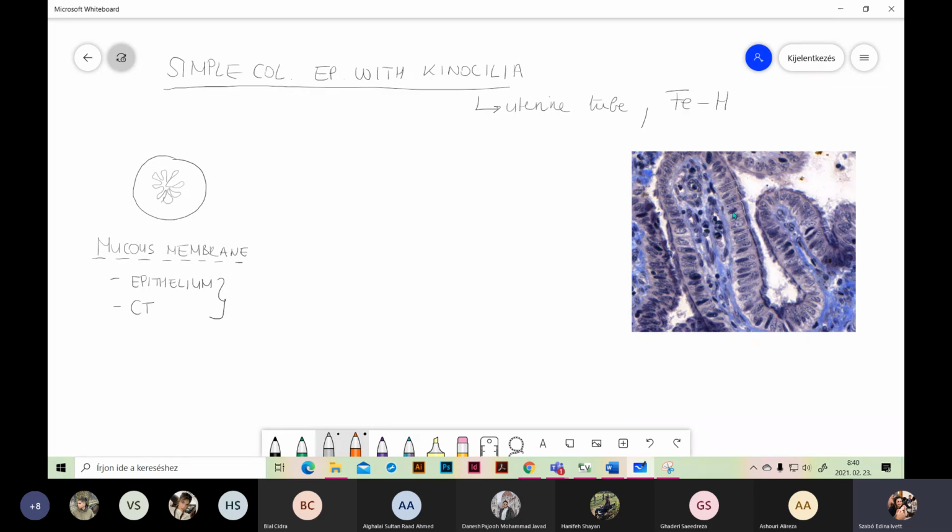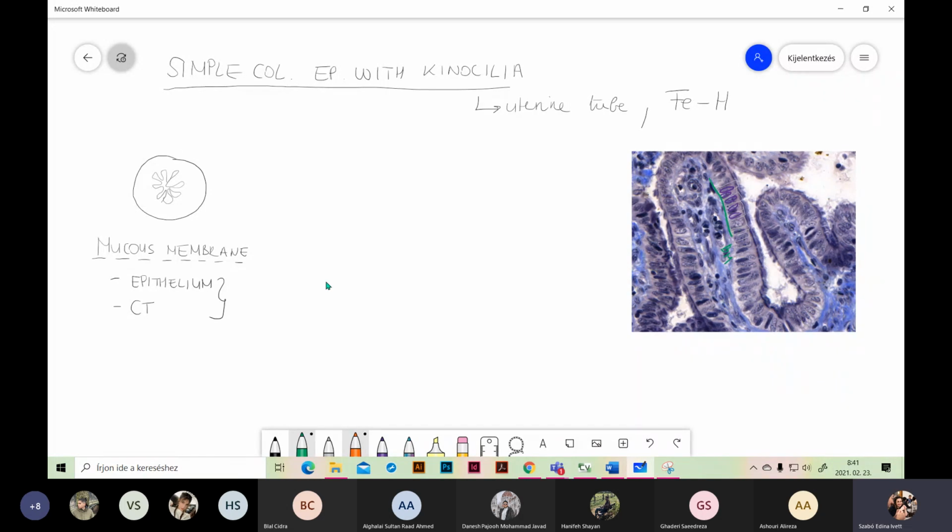If you see the shape of nuclei, they are oval shaped, and these nuclei are parallel to the surface. Here is the basement membrane.